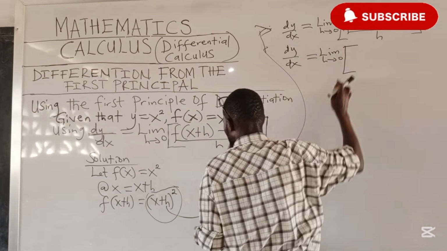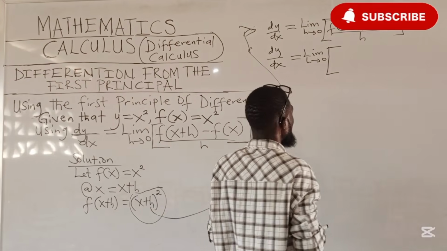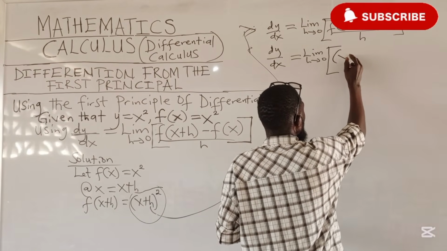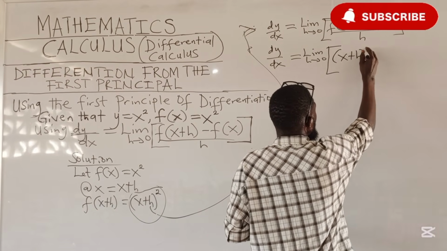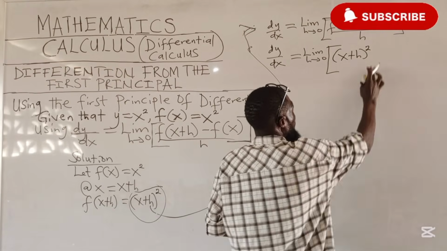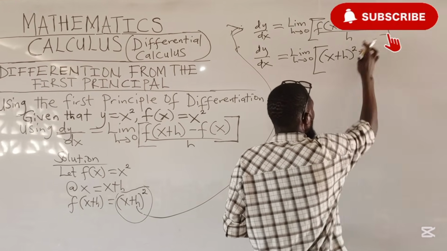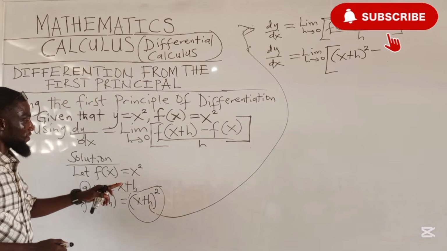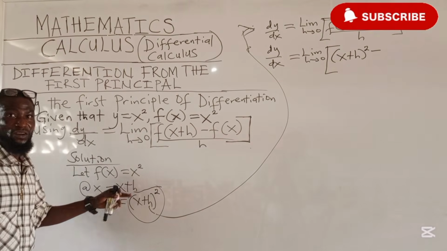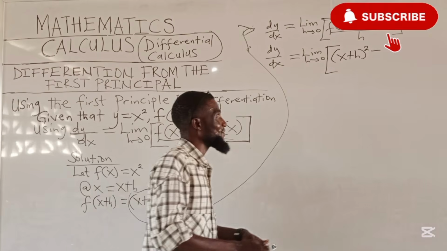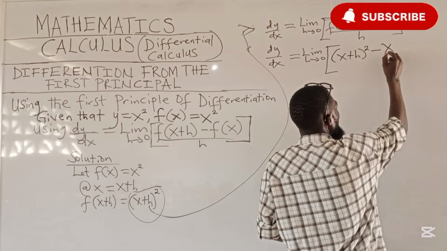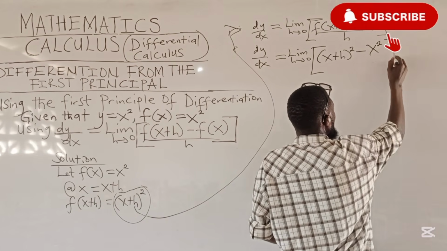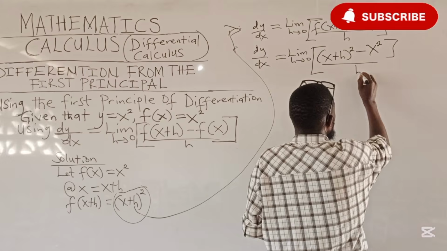So wherever we see this, we take this and place it to represent it. So we see (x plus h) all squared. What we have here is minus f of x. The f of x has a value. What is the value of f of x? f of x will just be equal to x squared. So wherever we see f of x, we put x squared. Bracket closes over h.